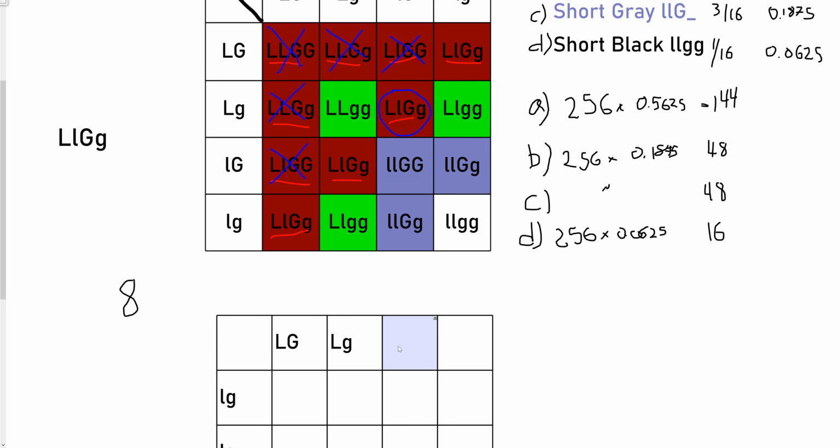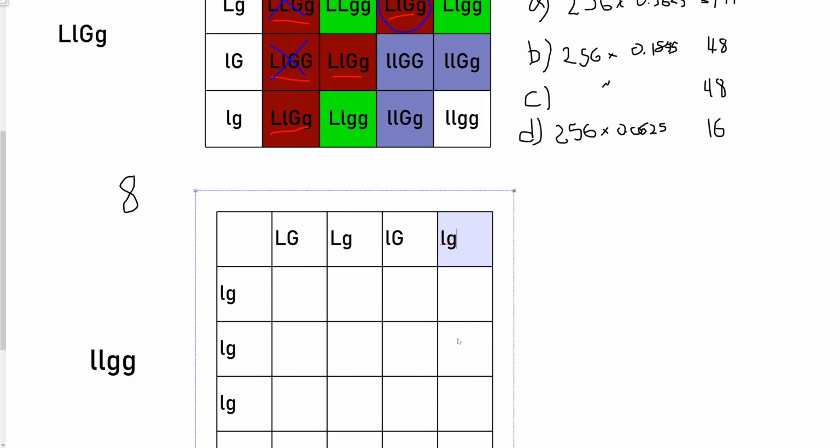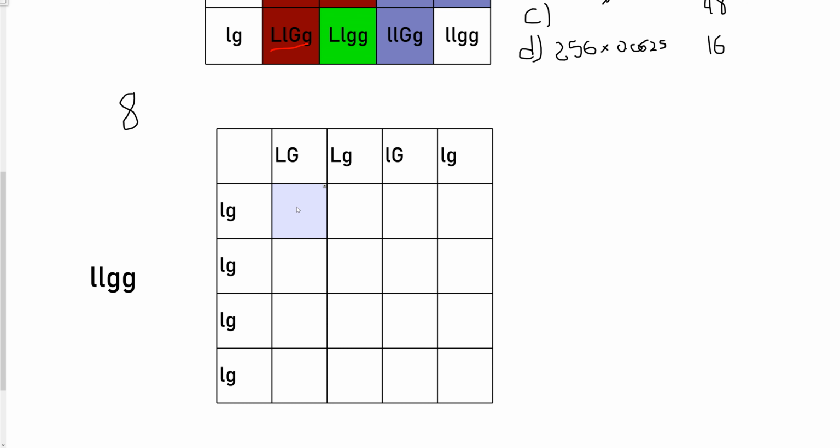Those are all 4. Now we can go through and, oh, here's something else that's really nice. Look at this. Whatever I put into this square is going to be whatever I put into this square, and the same as that, and the same as that. All of them will be the same. They're all going to be heterozygous for both.